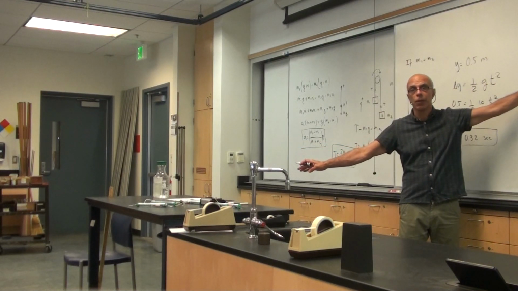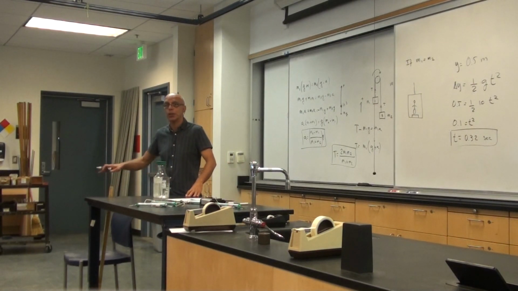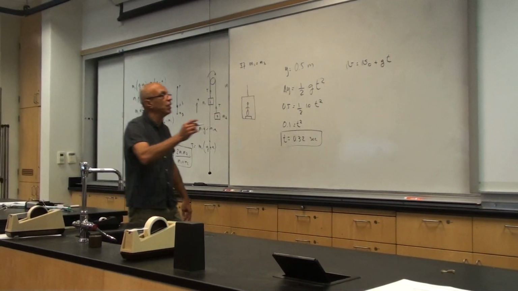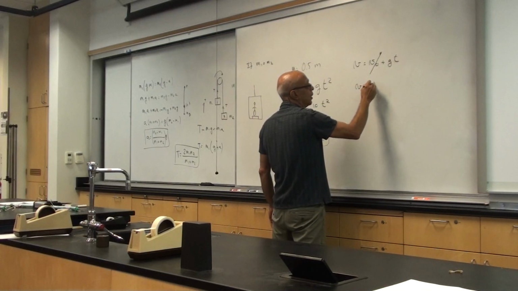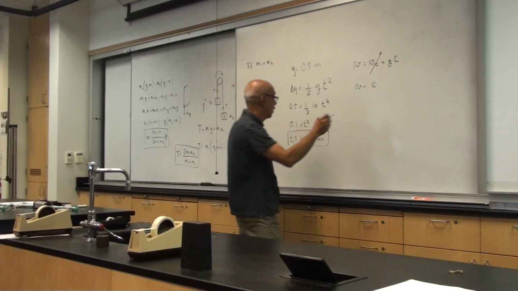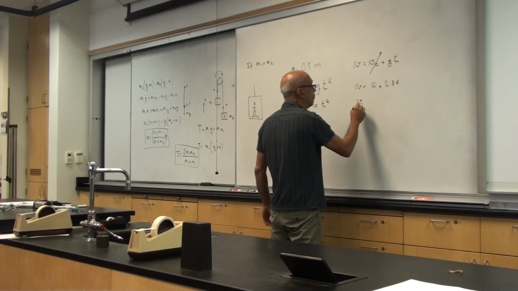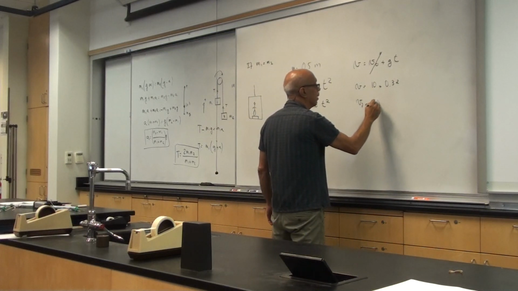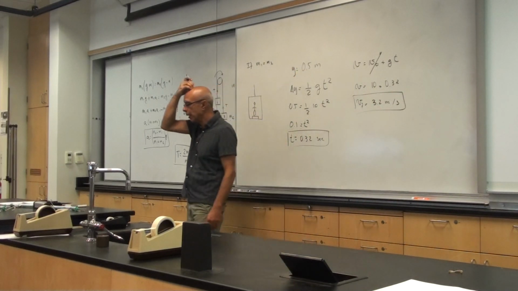The initial velocity is 0 because I'm standing here, I'm not moving, I just step a little forward. So V is going to be g, let's assume it's 10 again, but now I have my time, 0.32. So V final, when I'm hitting the ground, is going to be 3.2 meters per second. So that is my speed.